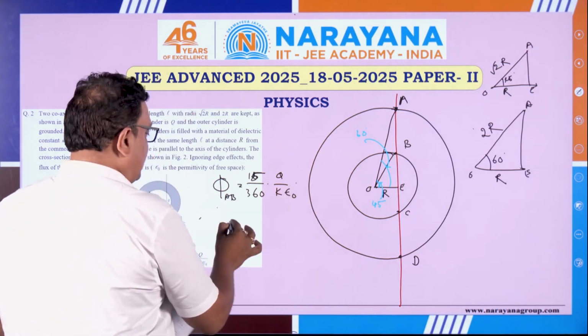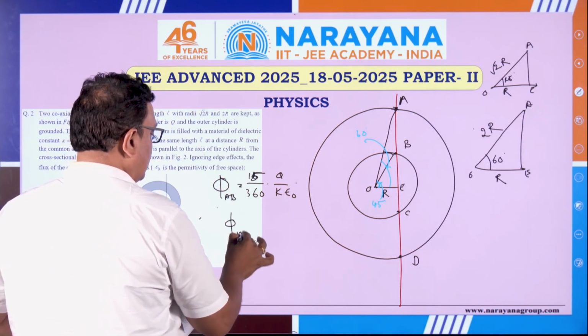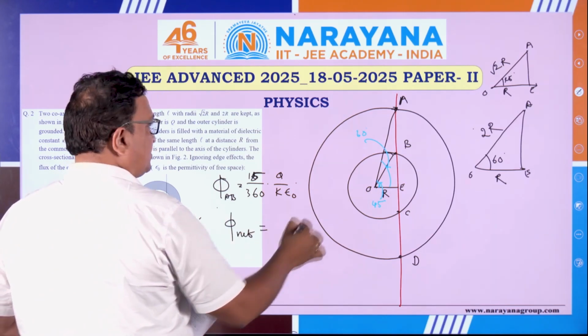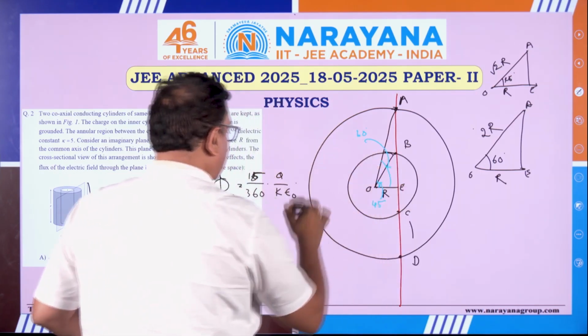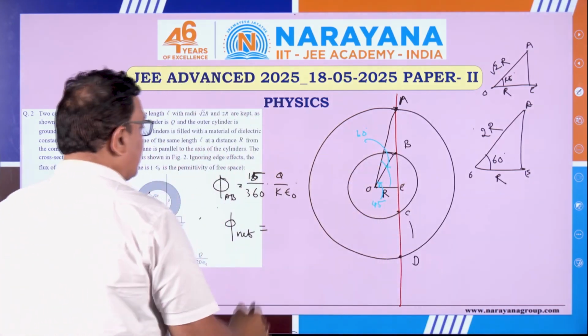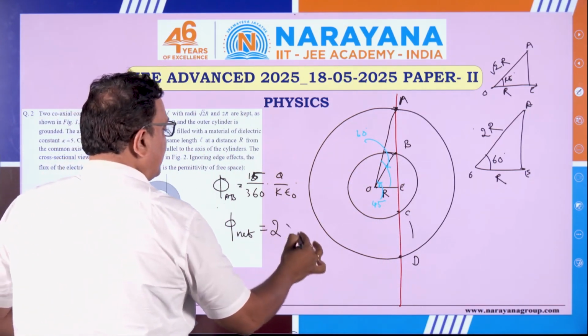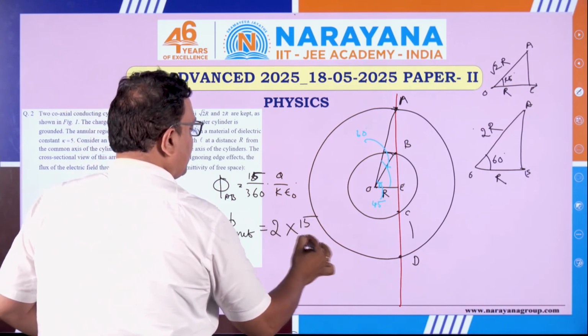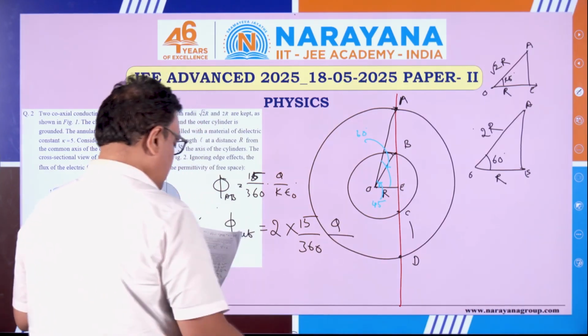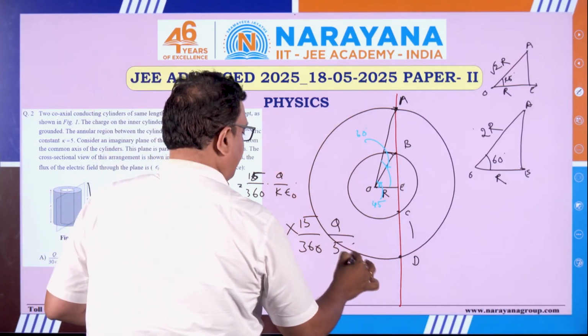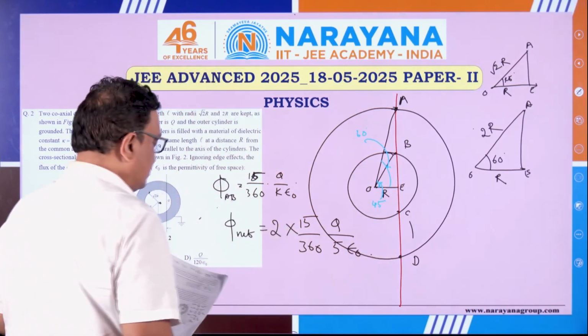So what is the phi net? Please see that this is not the only scope. You also have a similar arrangement here. So this will become 2 times 15 by 360 times Q by K epsilon naught.